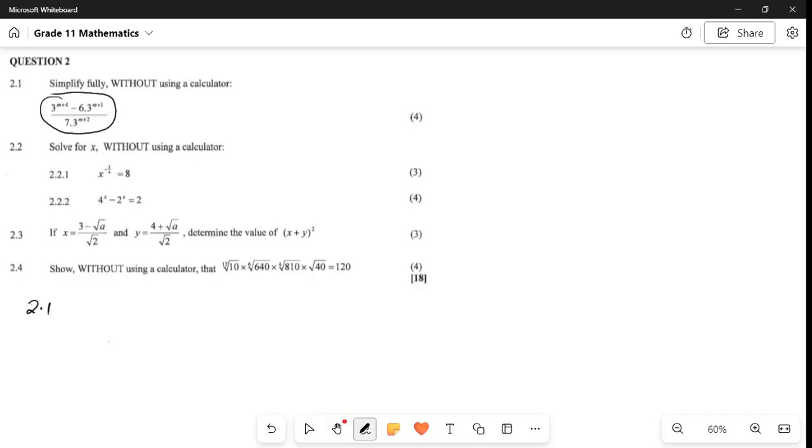Question 2.1, they say we are simplifying fully without the use of a calculator. 3 to the power m plus 4 minus 6 times, remember that this dot means multiplication, 6 times 3 to the power m plus 1, all that is divided by 7 times 3 to the exponent m plus 2.